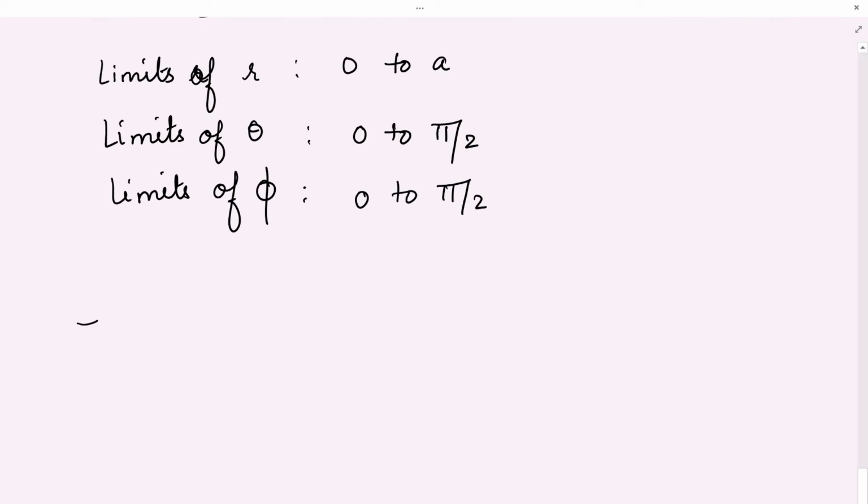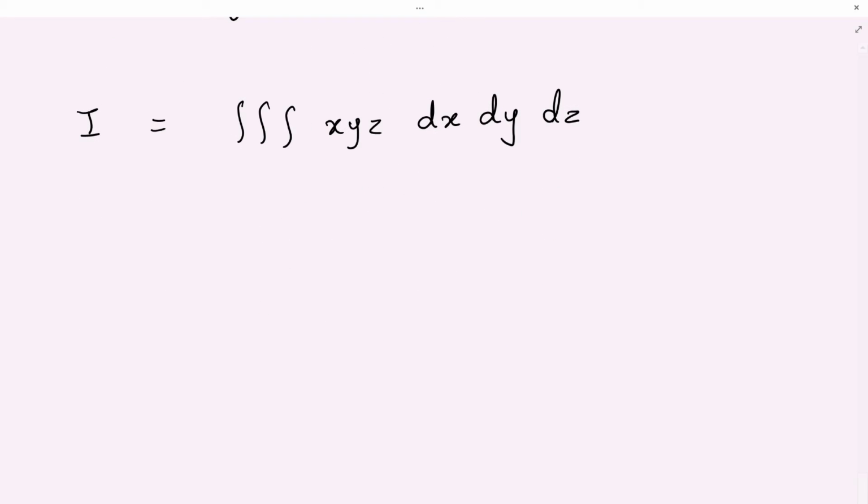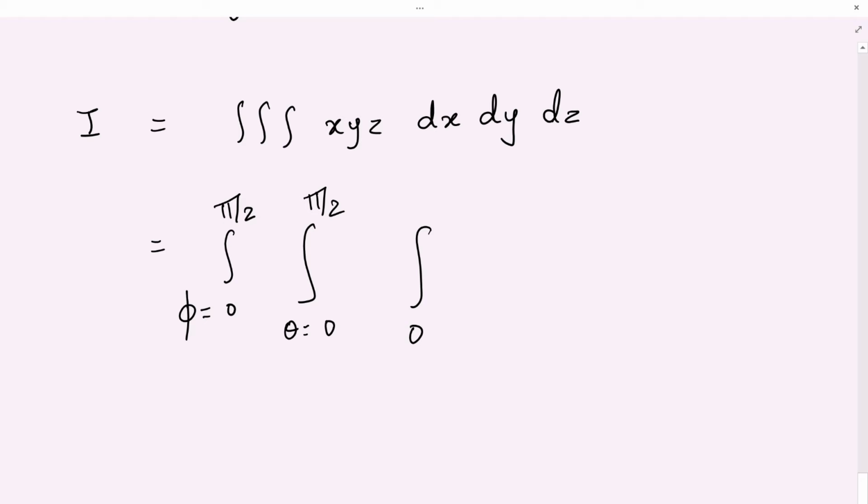So now my integration I, which is given as xyz dx dy dz, will be converted into, the outer limit is for phi, as we know the outermost limit, the middle limit is for theta, and the inner limit is for r.